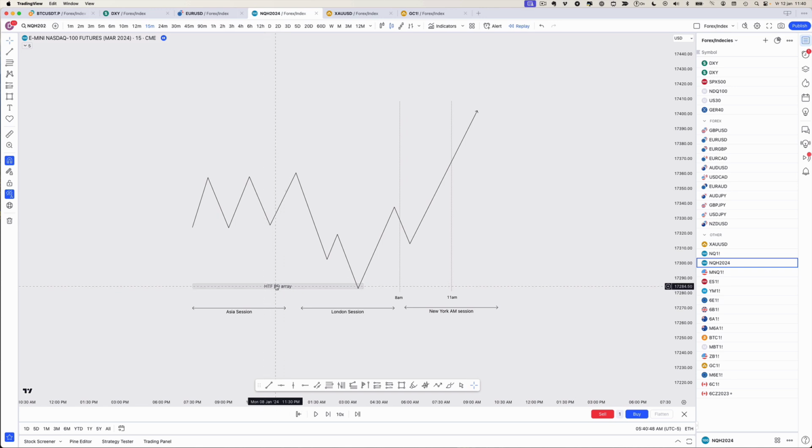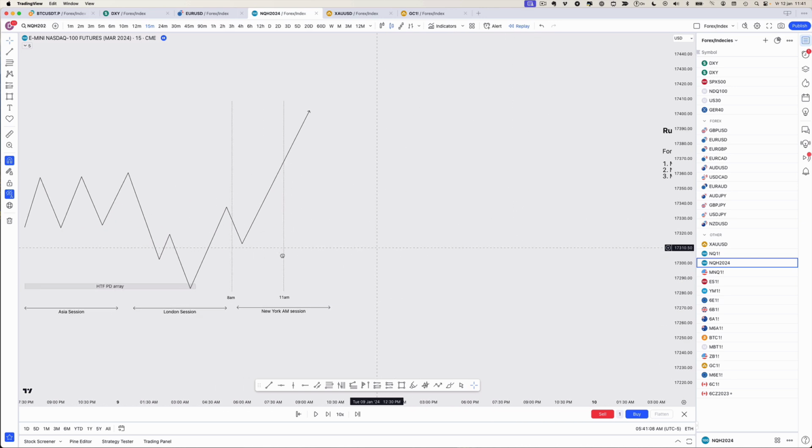So we have a high time frame PD array which London traded into. And then we start to displace higher and finally make the real distribution of the day and finish off this total day. So we have an accumulation phase, a manipulation phase, and then the distribution up.